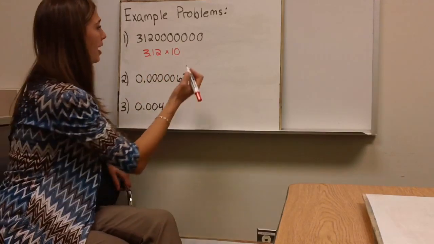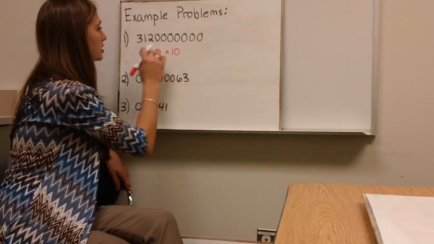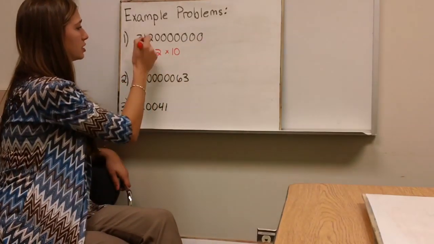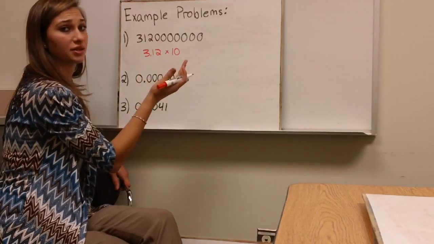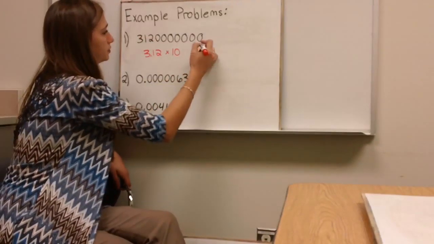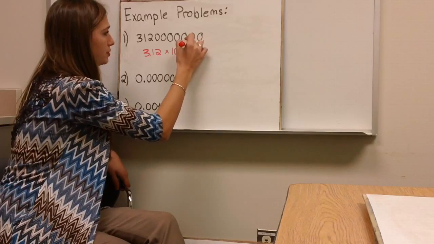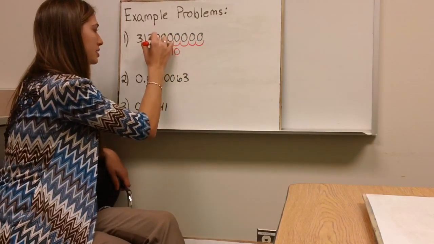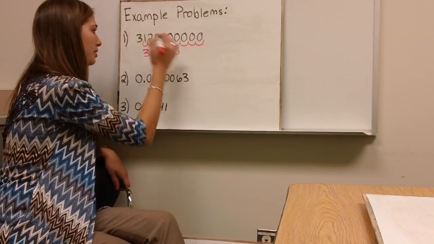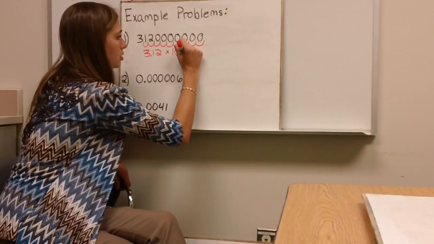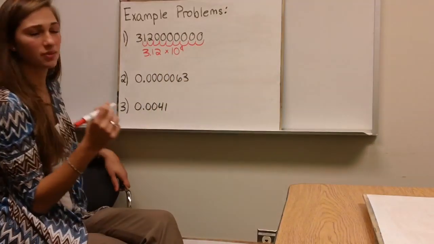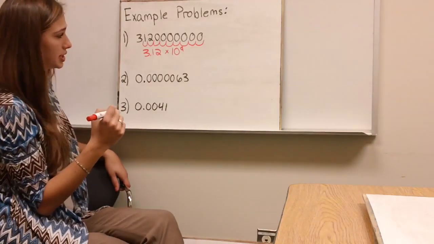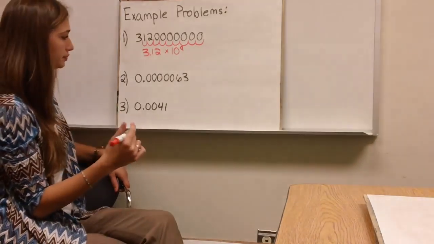The way we're going to find our power is by counting the number of places to where we placed our decimal point. So 1, 2, 3, 4, 5, 6, 7, 8, 9. So this answer is going to be 3.12 times 10 to the 9th.